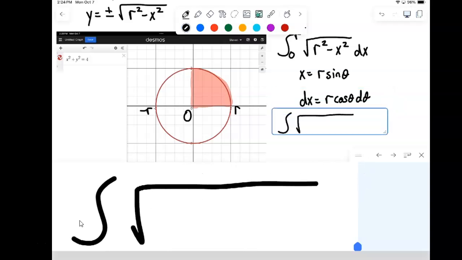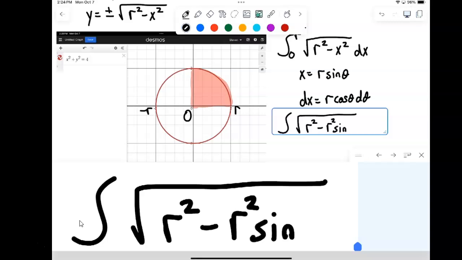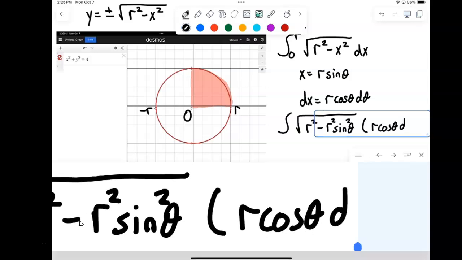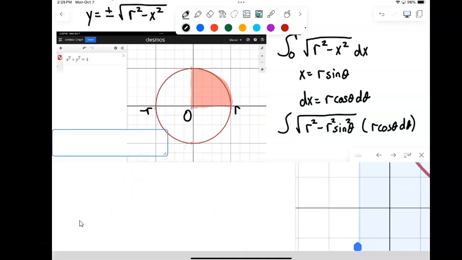So this will be square root of r squared minus r sine of theta squared, so r squared sine squared theta, times the derivative, which is r cosine of theta d theta. Okay.